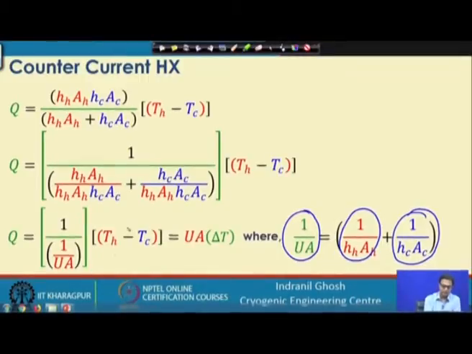So, now this can be finally expressed in the form of UA into delta T, where this delta T is the difference between the two fluids and UA is the overall heat transfer coefficient given by this expression.